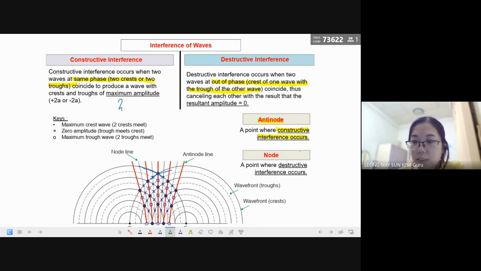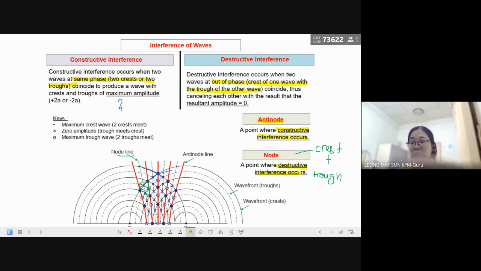Destructive interference is where a crest overlaps with a trough, which means a solid line overlapping with a dotted line. Here, there's a solid line overlapping with a dotted line. Here also, solid line overlapping with a dotted line. So this line is called a node line. A node line is where destructive interference occurs.